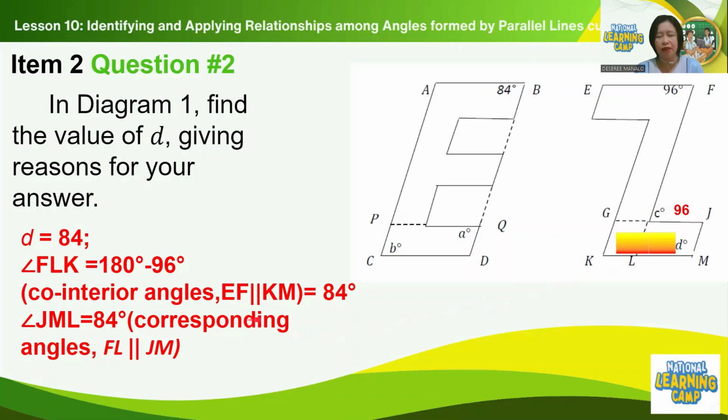Since they are co-interior angles, we know that they are supplementary. So 180 minus 96 is equal to 84 degrees. Next, angle JML is equal to 84. Corresponding angles also; corresponding angles are congruent.